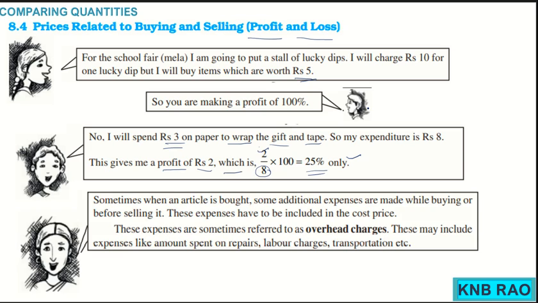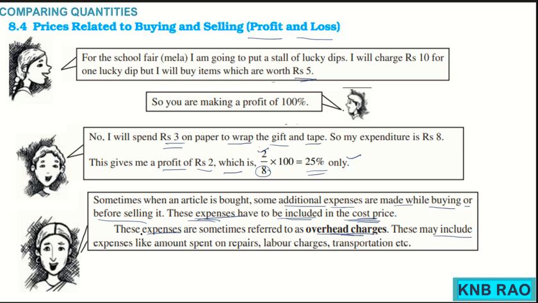Now, hearing this, the teacher has concluded: sometimes when an article is bought and some additional expenditure is made on it, while buying or before selling, these expenses have to be included in the cost price. Remember, these expenses must be included in the cost price. What do we call them? These expenses are referred to as overhead charges.